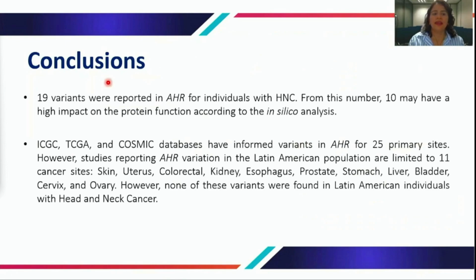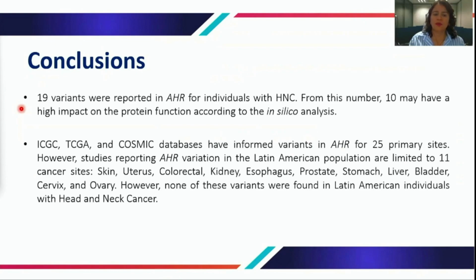Conclusions. 19 variants were reported in AHR for individuals with head and neck cancer. From this number, 10 may have an impact on the protein function according to the in silico analysis. ICGC, TCGA, and COSMIC repositories have informed variants in AHR in 25 primary sites.